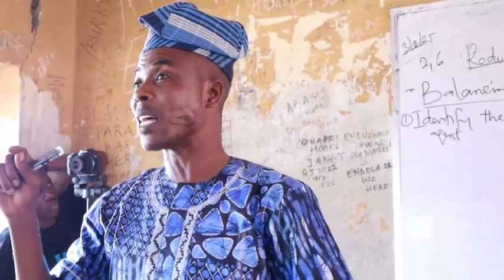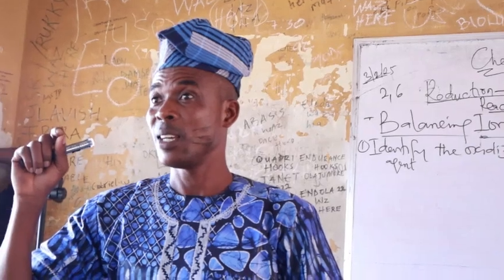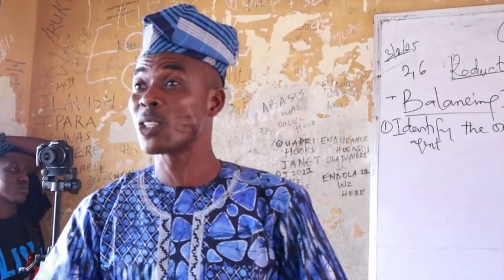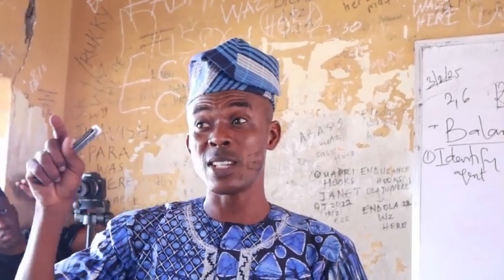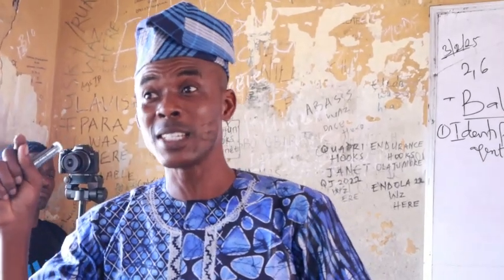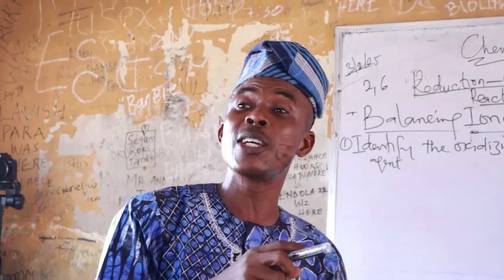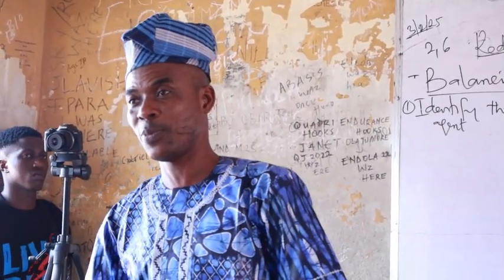But what will tell you that electron is gained or lost is the charge. When there is increase in charge, it shows that the element has lost electron. That substance that is losing electron will be what? A reducing agent.